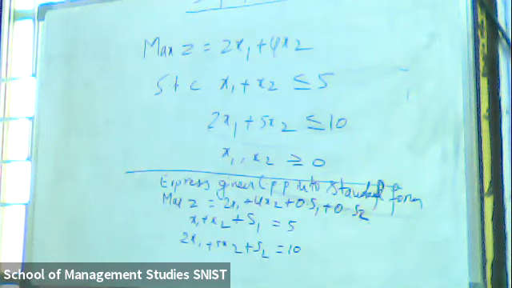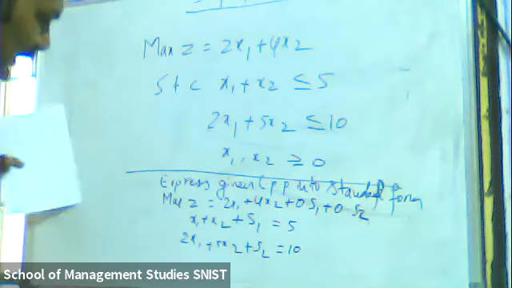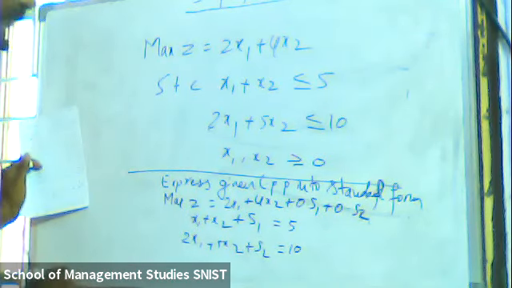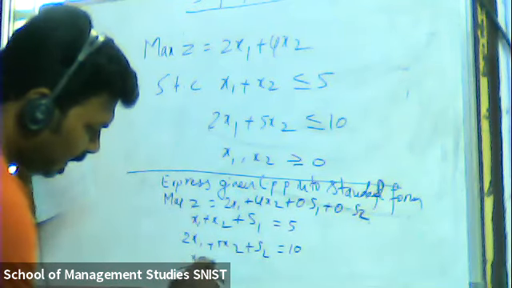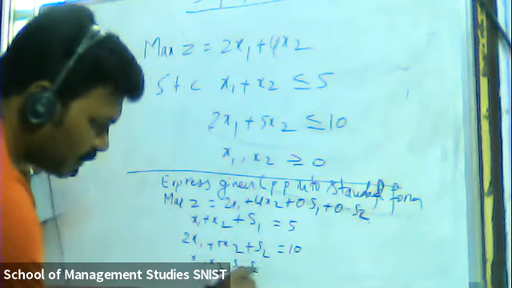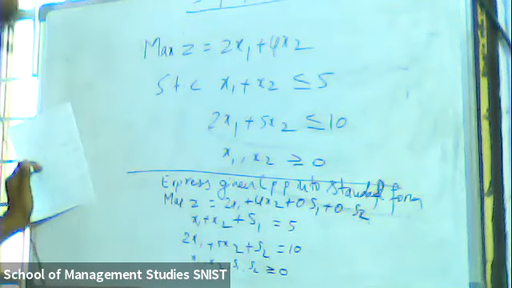Is it clear? Yes, sir. Now, can any one of you tell me the non-negativity restriction here? x1, x2, s1, s2 greater than or equal to 0. You need to write this.